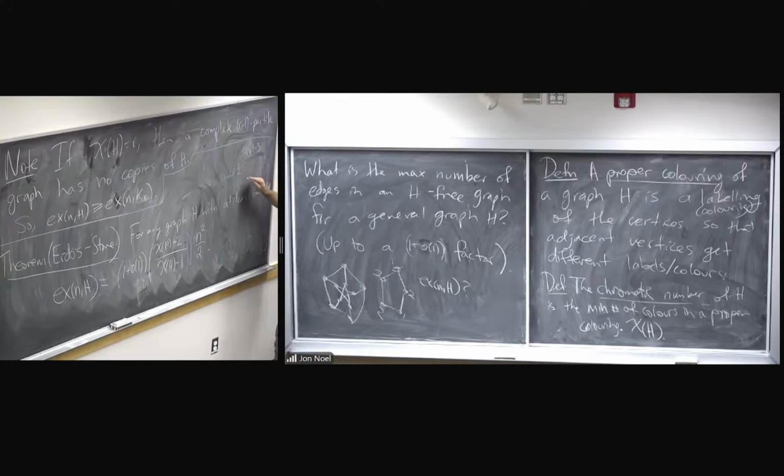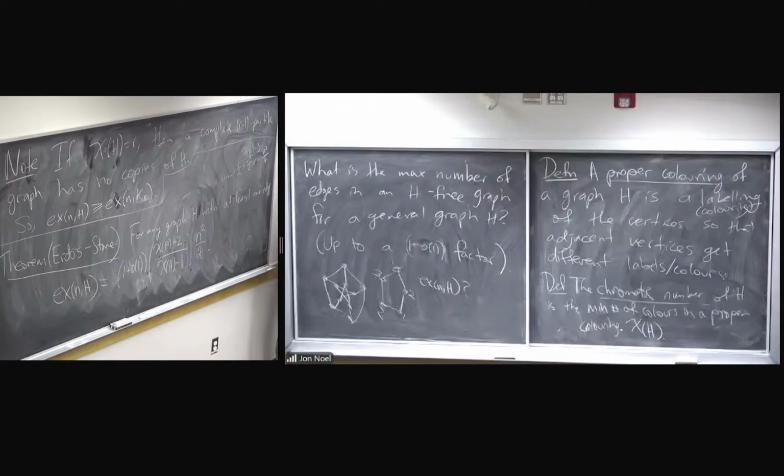So 1/2 times n squared over 2, which is like n squared over 4. And remember, for the triangle, what we got was n squared over 4 with the floor. So that checks out for the triangle if you plug in the chromatic number. And if you plug in another chromatic number equal to r, you'll see that roughly the number of edges we're talking about here is asymptotically the same as what you get in Turán's theorem.